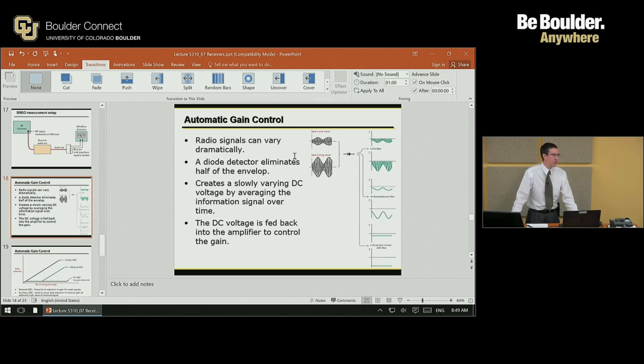Just a few years ago, I took some scouts with me up into the mountains over here, and we were doing what's called a fox hunt. What a fox hunt is, you take a radio transmitter and you hide it somewhere, and then they take a receiver with a directional antenna and try to find where the signal is the strongest, and then they use that to find the transmitter.